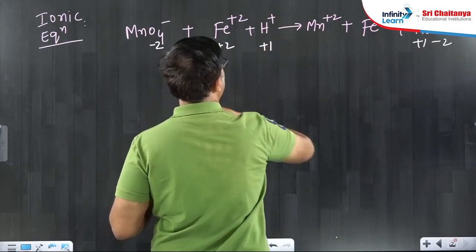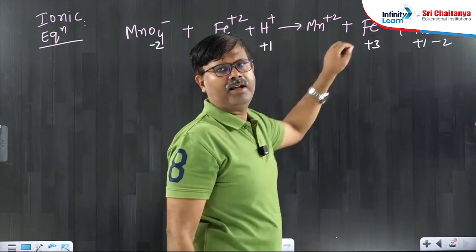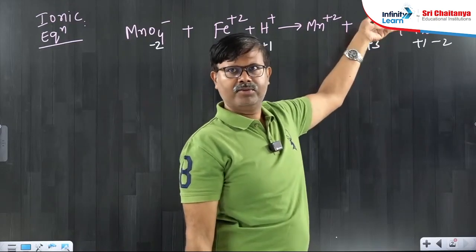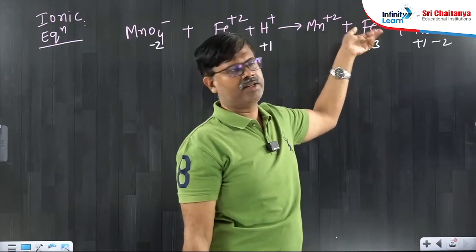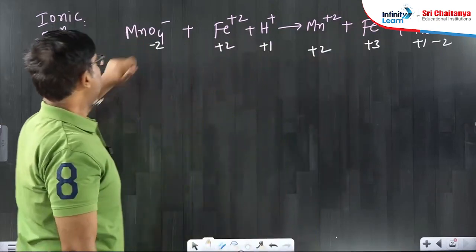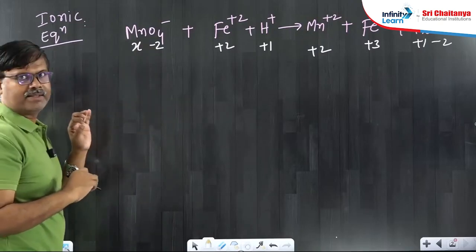Iron plus 2. For an ion with only a single element, its charge will be its oxidation state, so plus 3, and manganese also plus 2. So here what is manganese? Let's take it as X and figure it out. You should get plus 7 there.